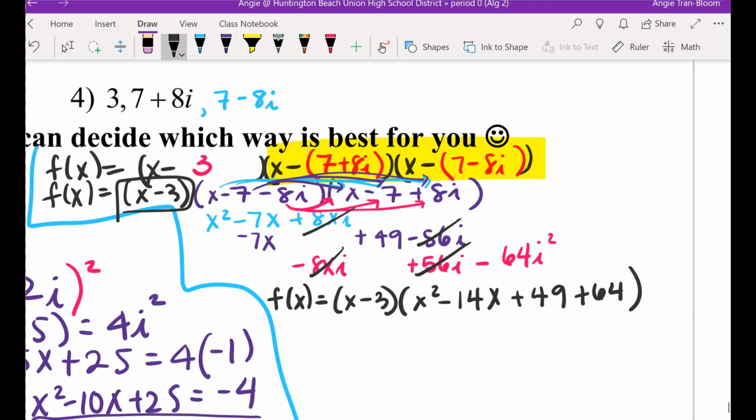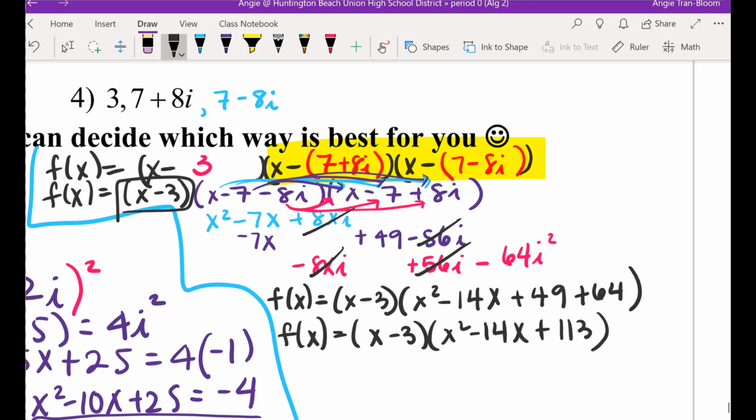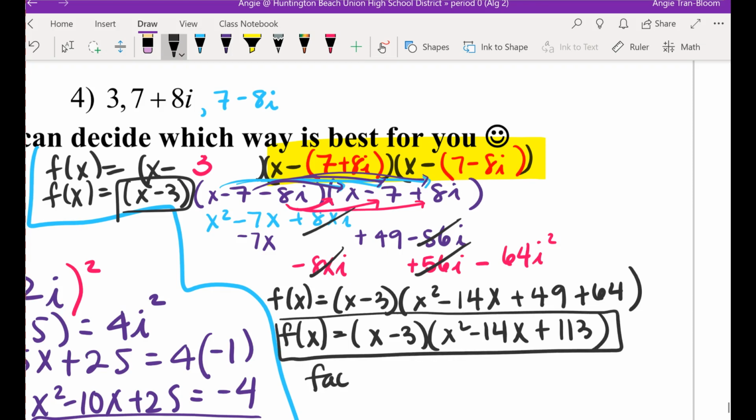Can I combine those two terms? Yes. So x squared minus 14x plus what? You're right. Now, for this one, I will allow you to leave it in factor form. Why is this called factor form? Because there's two quantities. I can just leave it here.